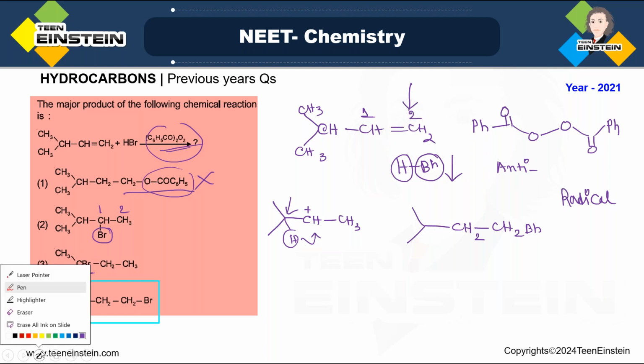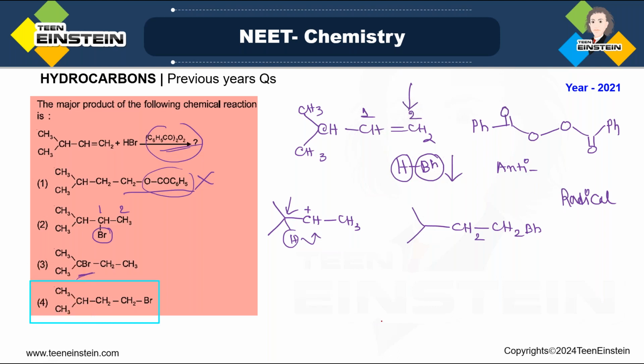But when it is in the presence of peroxide, first the Br dot radical is added, and when the Br dot radical is added, the first radical you will get is this one, and then it will take H dot from HBr. So in this way we get the final compound. Fine. So this is the correct option, option 4.